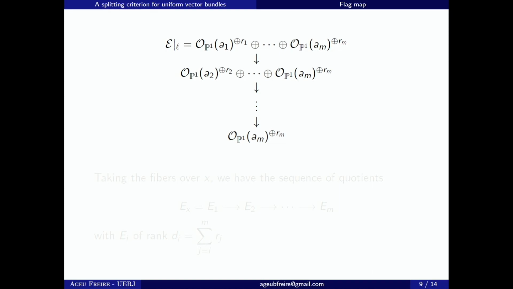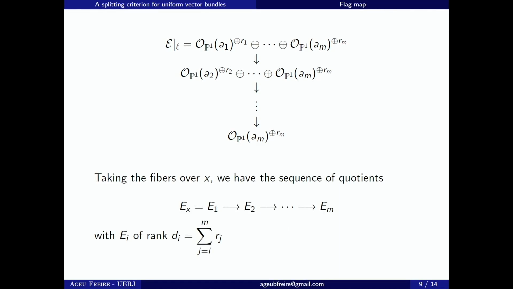Now, since this is a sequence of locally free quotients, we can take the fibers over x. Remember x, we fixed it before. Taking this sequence of locally free quotients and the fibers over x, we have a sequence of quotients on the fiber E_x.